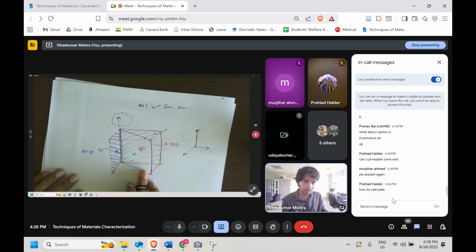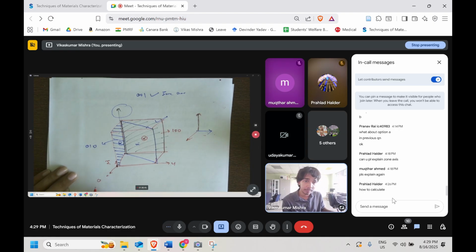Which plane is it? Can anyone tell me which plane it is? How do we find those things? In that case, I will shift my origin over here. And I will say, okay, this is my x, this is my y, and this is my z. To z, it's not intersecting.